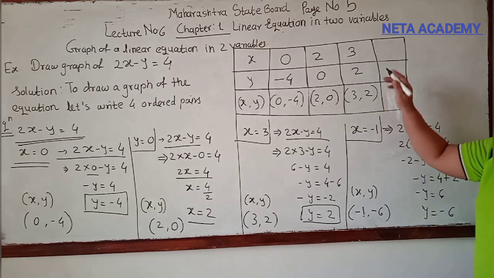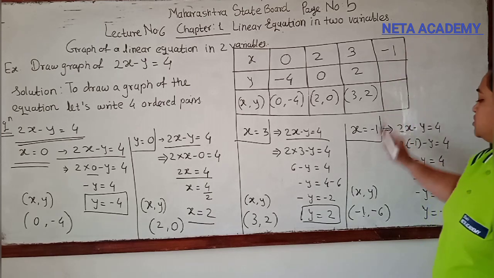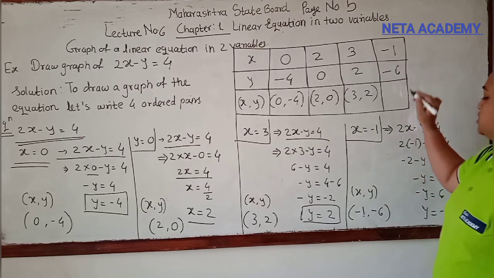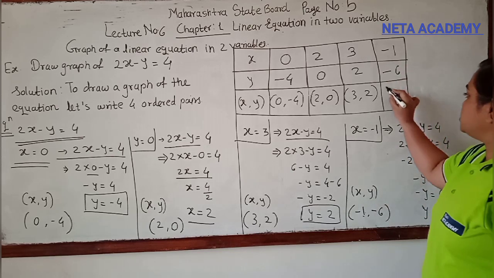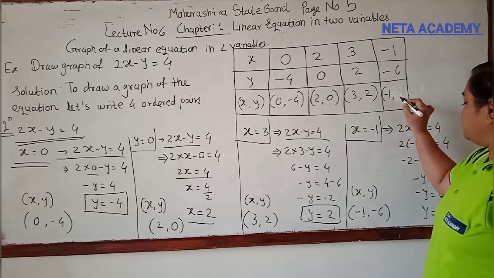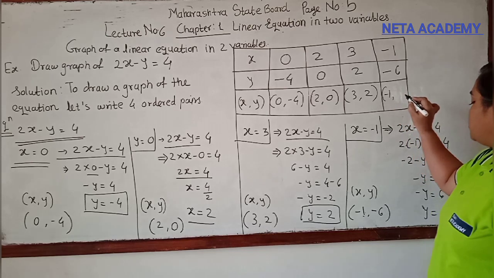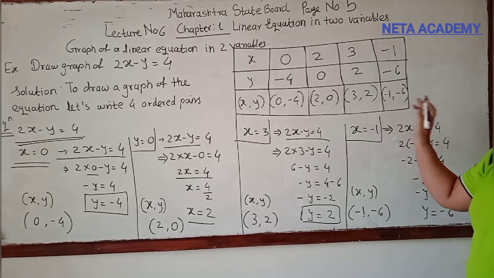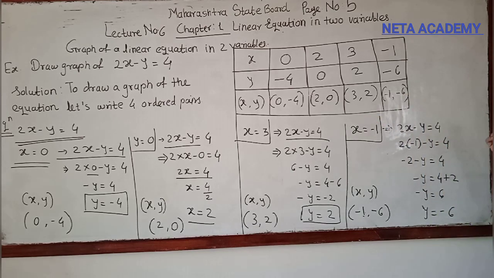If x is equal to minus 1, the value of y is minus 6. These are the 4 points that we have found for plotting the graph of the given equation.